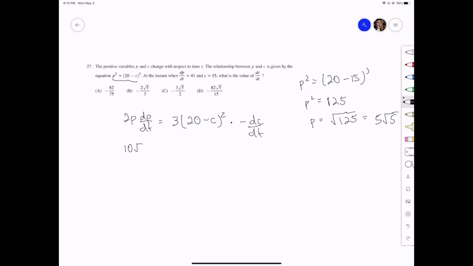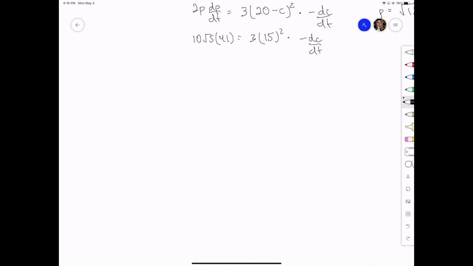So 10 square root of 5 times 41 equals 3 times 225 squared times negative dc/dt. So 410 square root of 5 over 3 times 225 equals dc/dt.